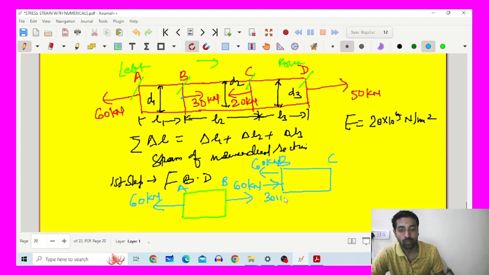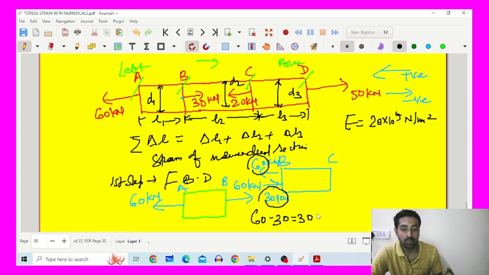I already explained that tensile is considered positive and compressive is negative. So 60 is positive, 30 is negative. 60 minus 30 comes to 30 kilonewton. So 30 kilonewton is the resultant, which is outward, and to balance it, this must also be outward.